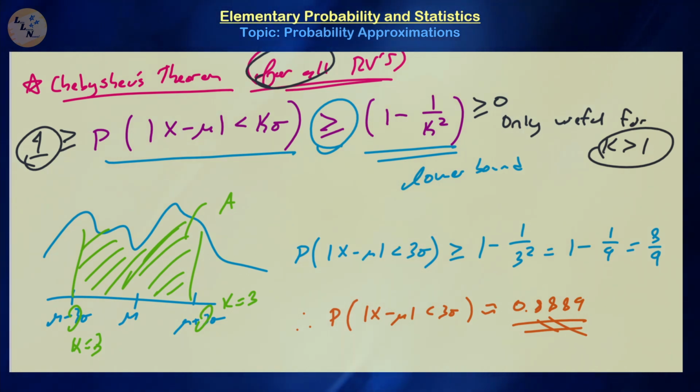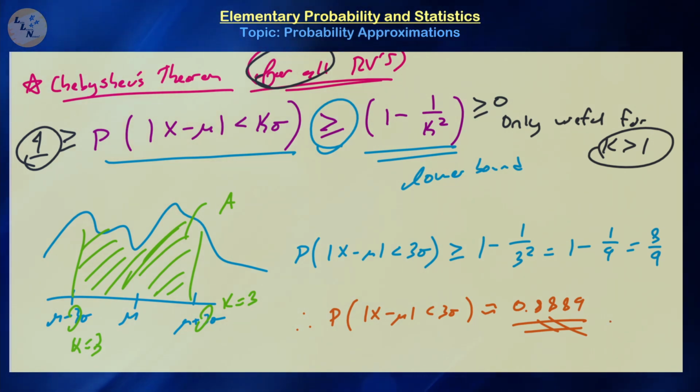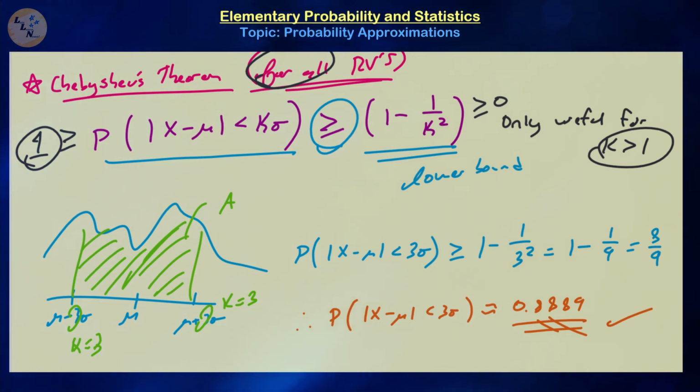That's going to be for all random variables, right? So keep in mind, for example, the normal distribution, it's always 99.7%, which definitely satisfies that. But regardless of the distribution, you're always going to have about 89% of the data or more between 3 standard deviations of the mean. So that's pretty interesting.